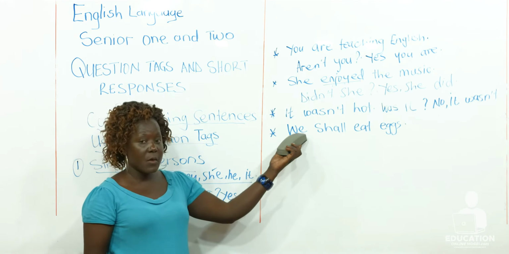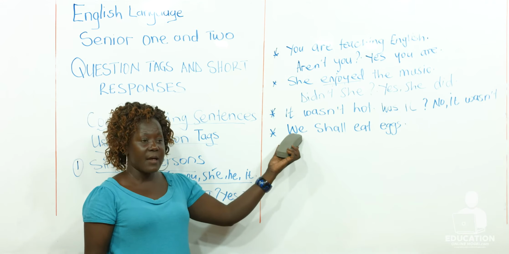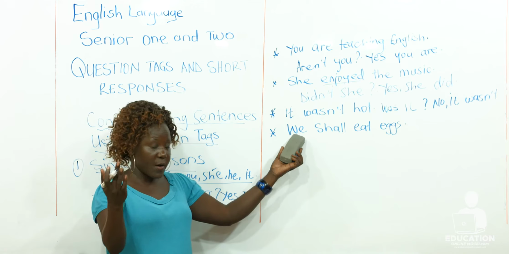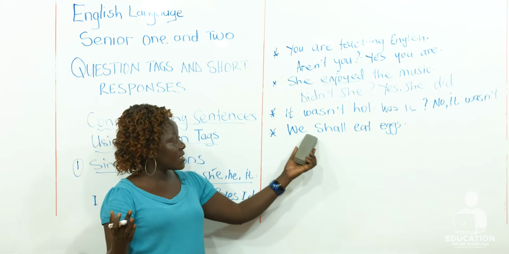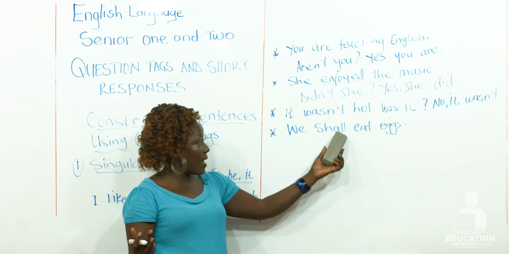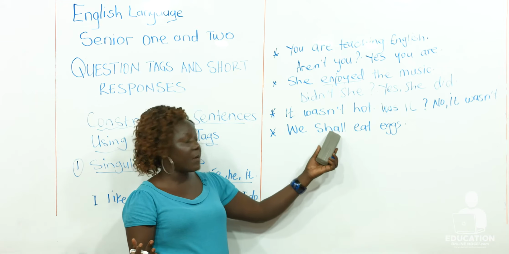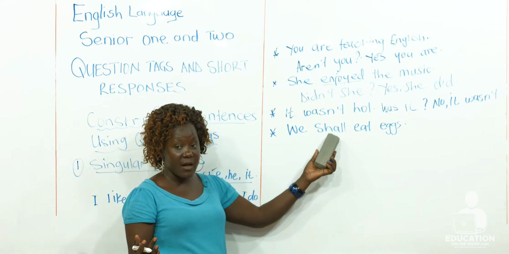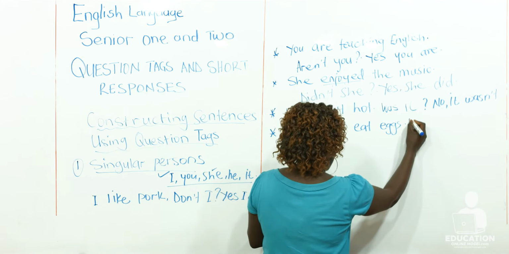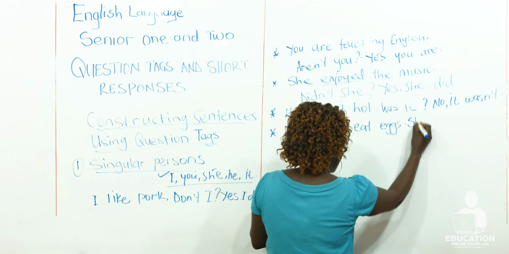Now this one is a positive statement. Observe "we". We falls under first person plural. Therefore, you will maintain the tense here, which is a future, and maintain the form of the verb. This is an auxiliary, "shall". Therefore, you will come down here and say, "shan't we?"